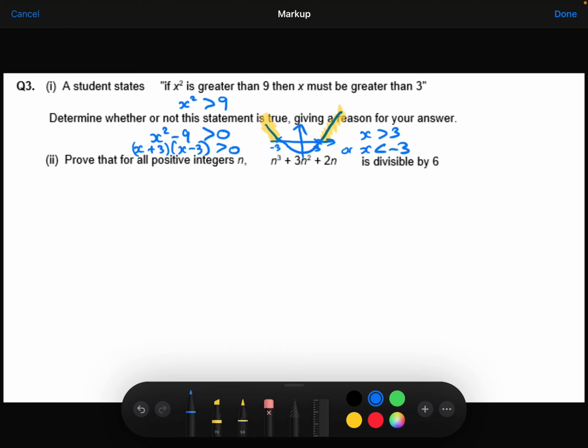So the idea that x must be greater than 3 is false. That's not true. It could be less than minus 3.